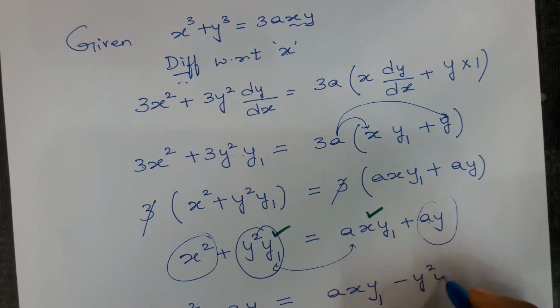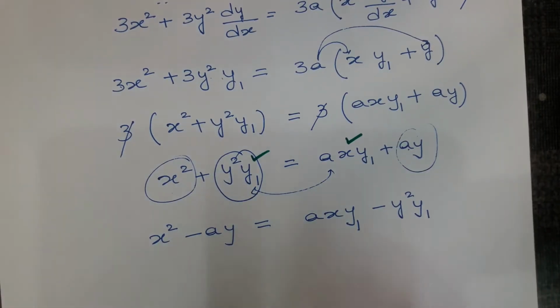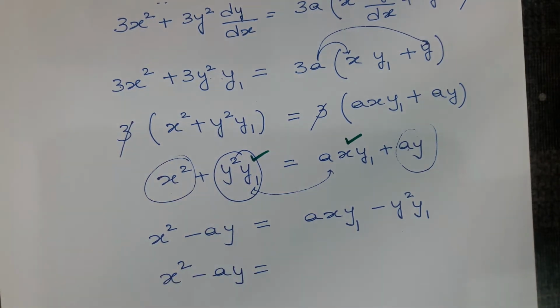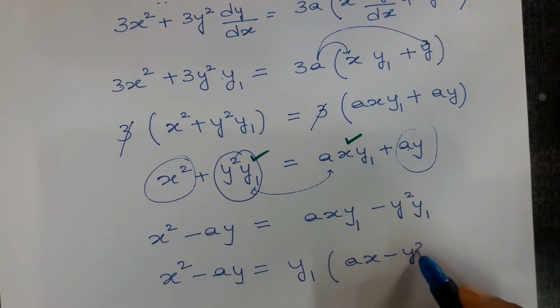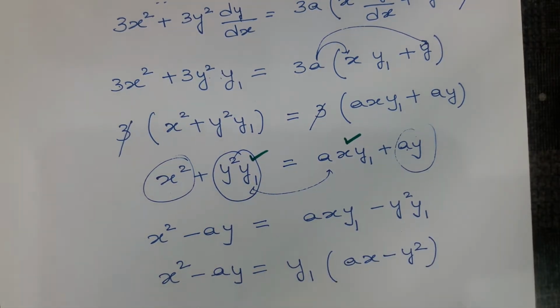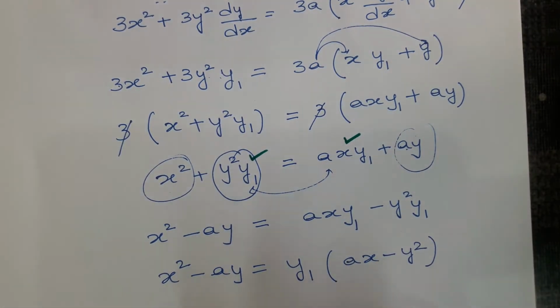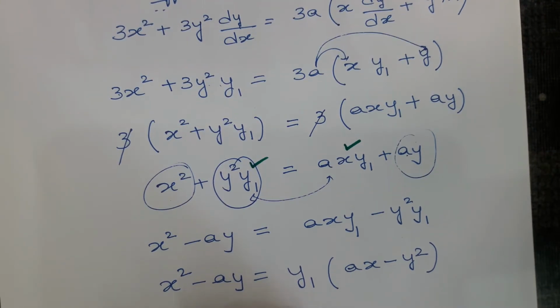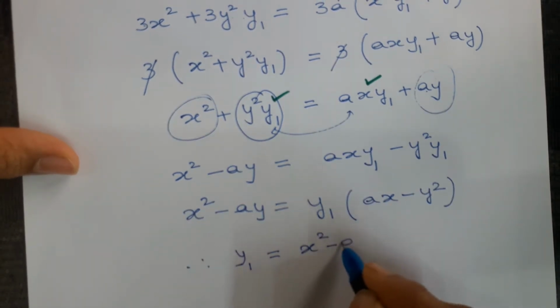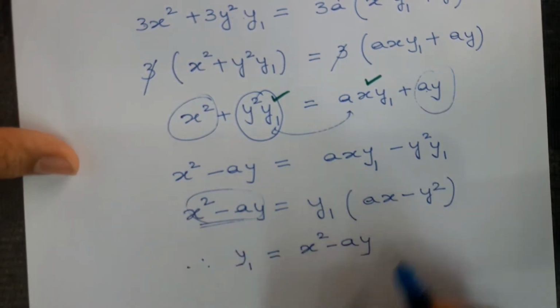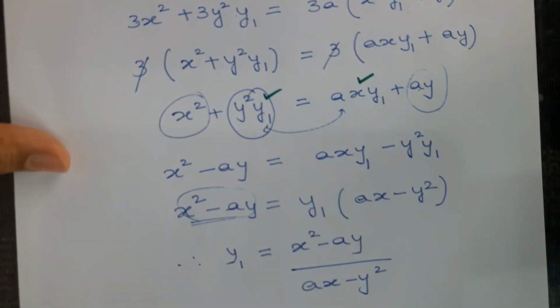So x square minus ay is equal to, the common factor is y1, I will take out y1, and I get (ax minus y square). Therefore y1 is equal to (x square minus ay) divided by (ax minus y square). So I got y1.